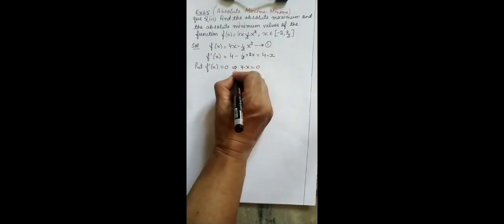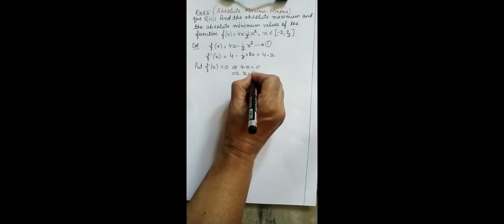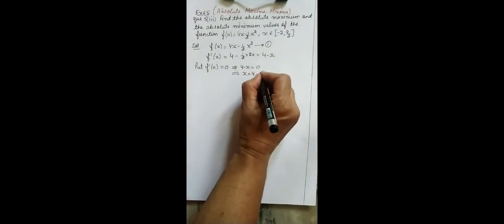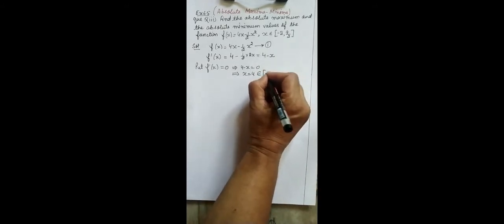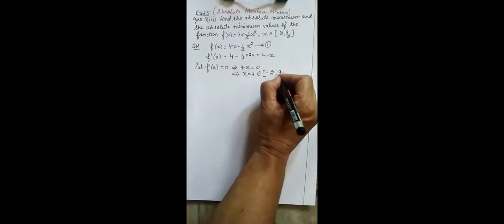So for finding the critical points, I will put f'(x) as 0, which gives me 4 - x = 0, which implies x = 4, and which, dear children, clearly belongs to my interval [-2, 9/2].